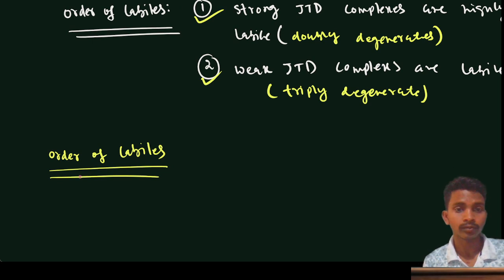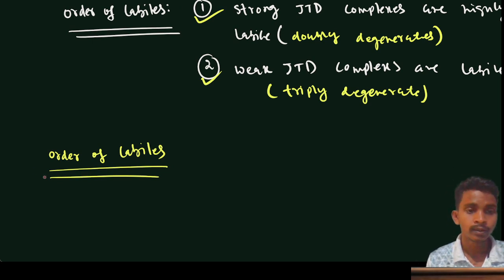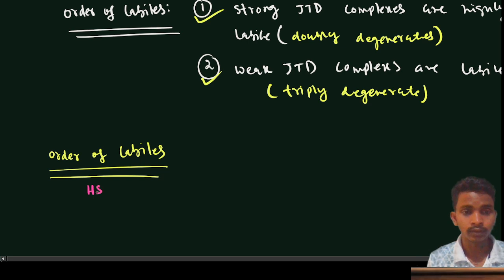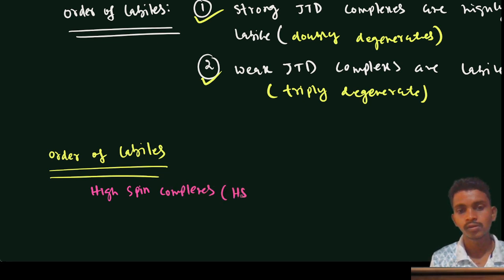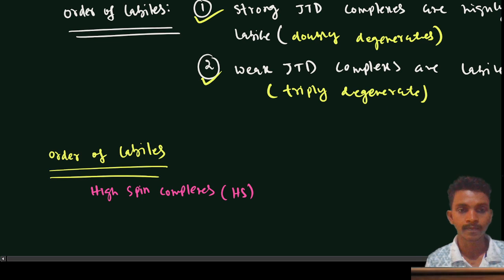For order of labiles, we have to go to two categories. One is high spin complexes. Another is low spin complexes.